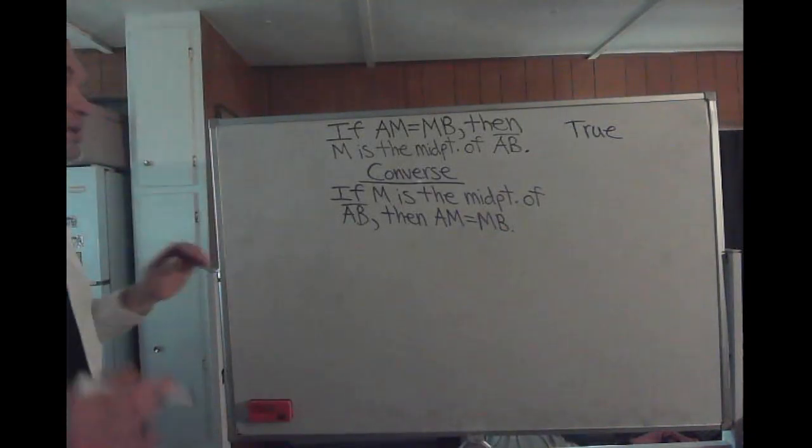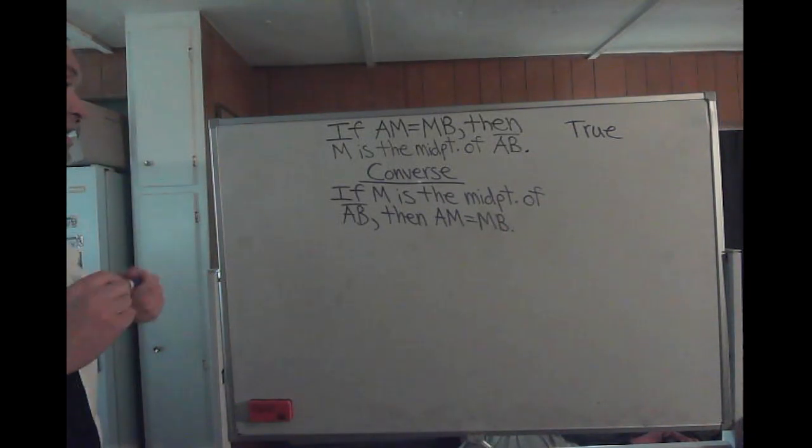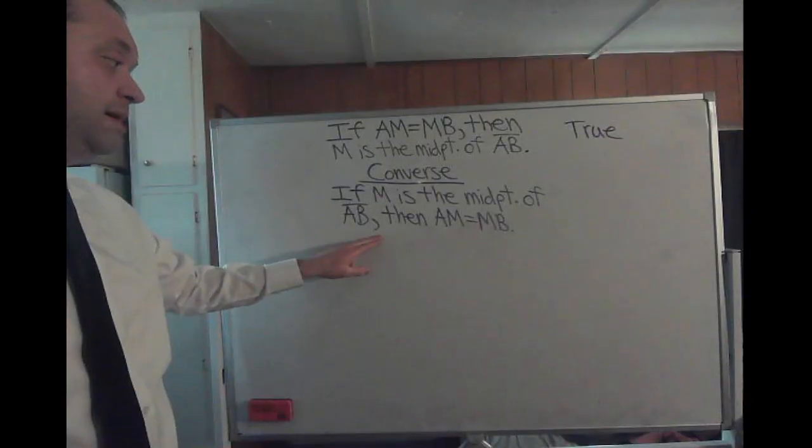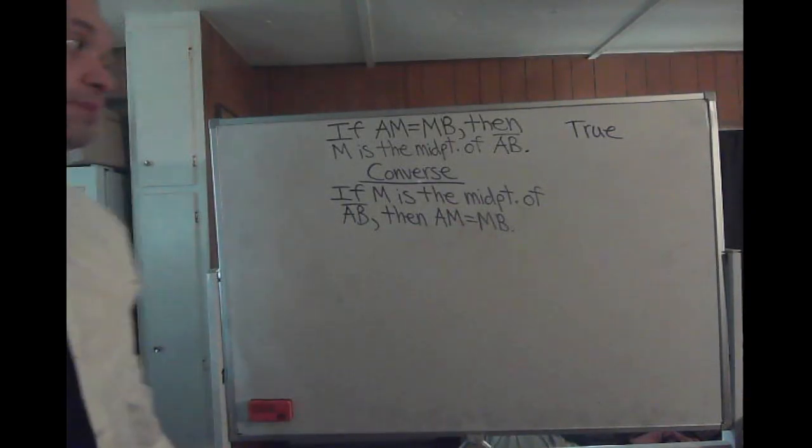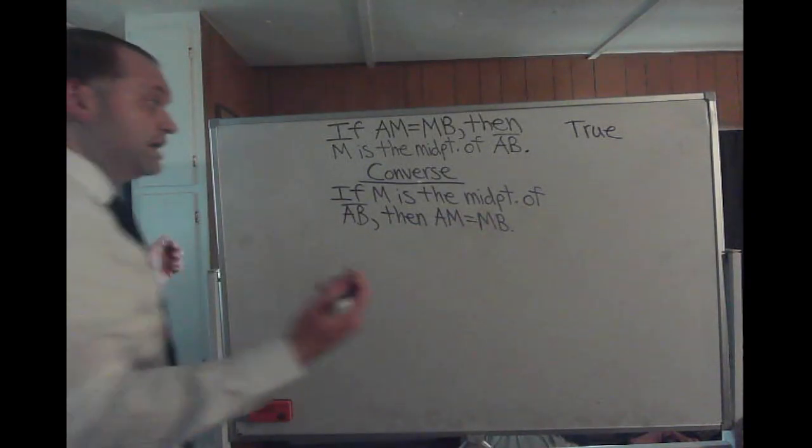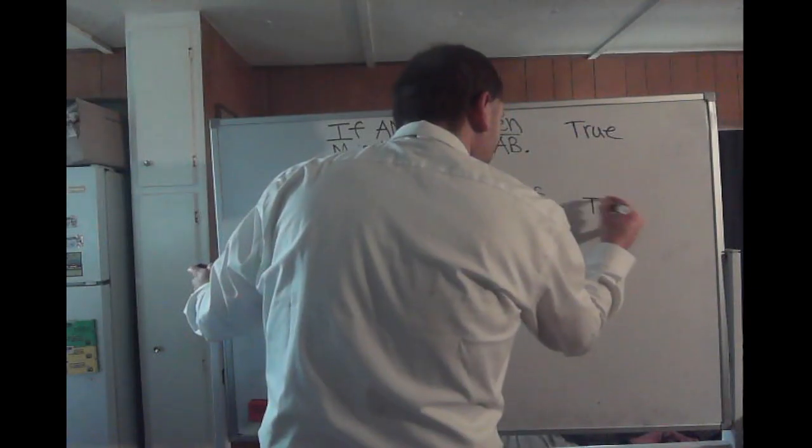Well, let's stop and look at this. If M is the midpoint of segment AB, then AM equals MB. That's actually true. By the definition of midpoint, that's actually true.